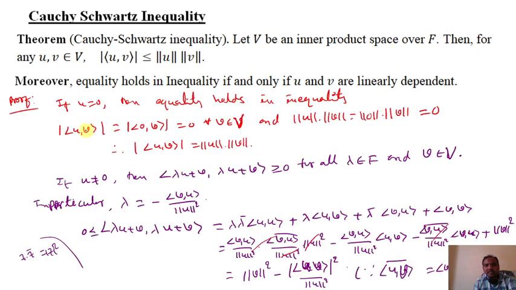Now, in this, equality holds in particular when this equality holds. Equality holding means λu + v equals 0.